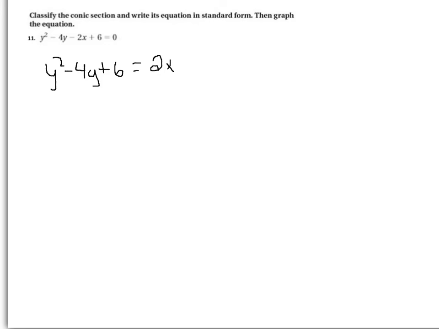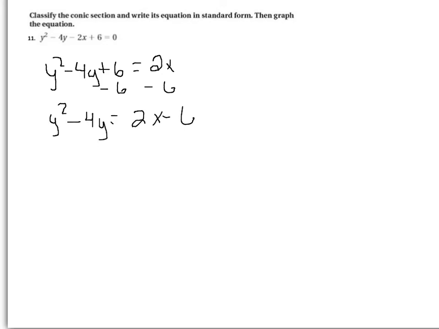So let's see. Is there anything that we can do that'll multiply to 6 and add to 4? Or negative 4? No. So let's get rid of that negative 6, or 6, by subtracting 6. So y squared minus 4y equals 2x minus 6.